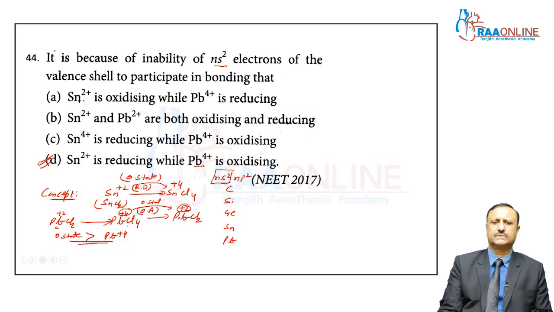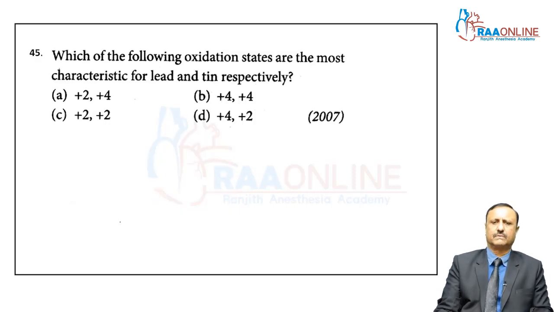So, my dear students, Pb+4 acts as an oxidizing agent, and Sn+2 acts as a reducing agent. So in this concept you can go to answer D. Sn+2 is reducing while Pb+4 is oxidizing. Now we can go to question number 45.